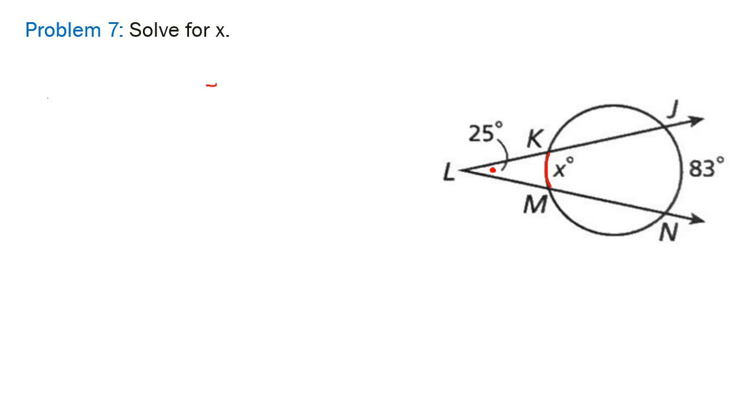So normally the angle is what our two things equal. So we usually have 83 minus whatever this arc, the smaller arc here is, we'll just call it x, divided by 2. But it always ends up equaling our angle on the outside, which in this case is going to be 25.